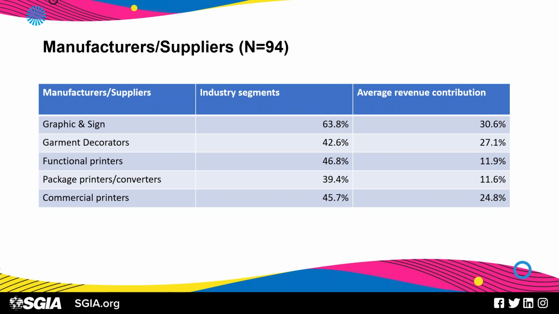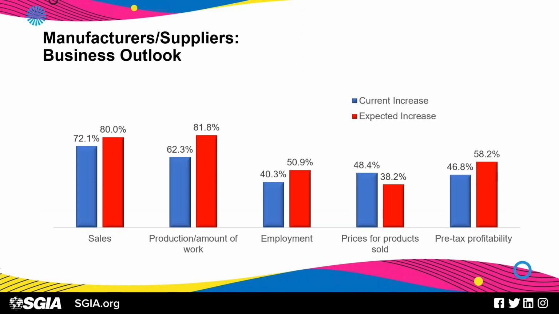And about half of them serve functional printers and commercial printers, 42.6% serve garment decorators, and 39.4% serve packagers. And the revenue contribution varies from about 11.6% for package printers and producers and converters, to more than 30% coming from the graphic and sign segment. How do they look into the future?